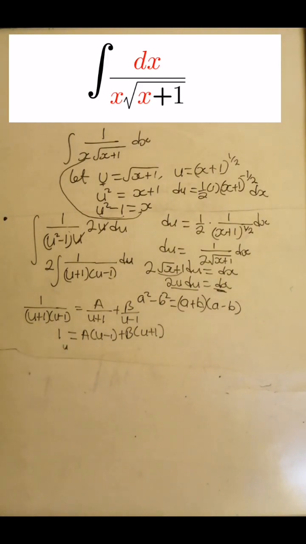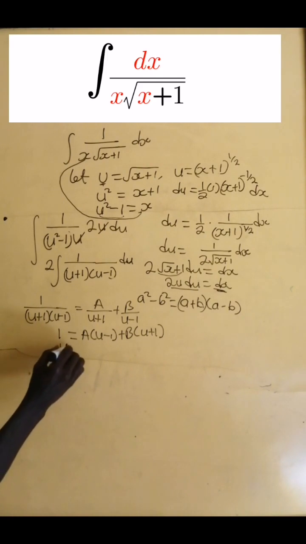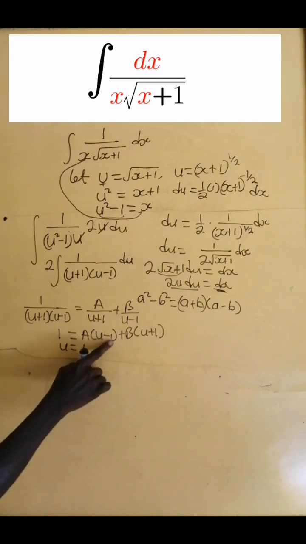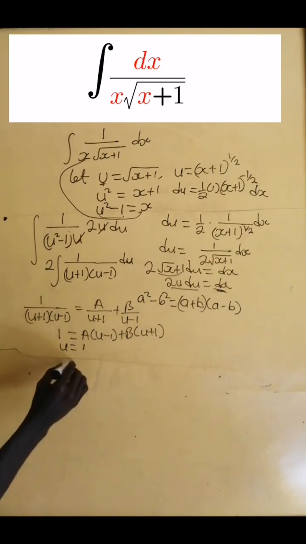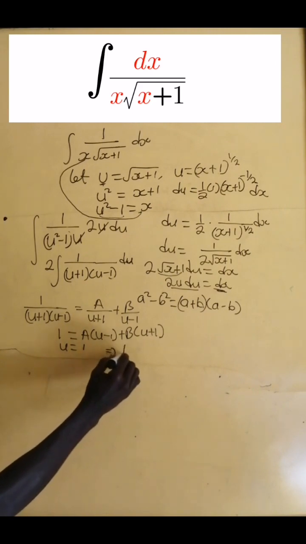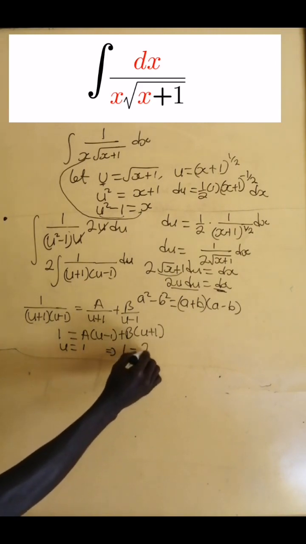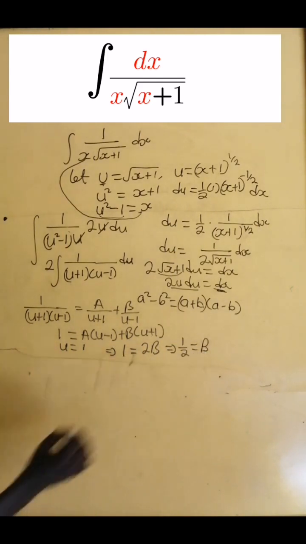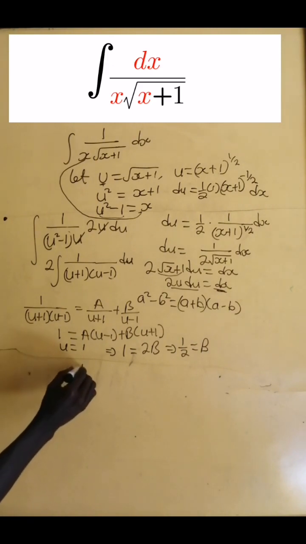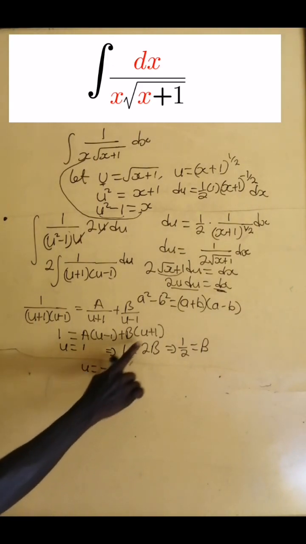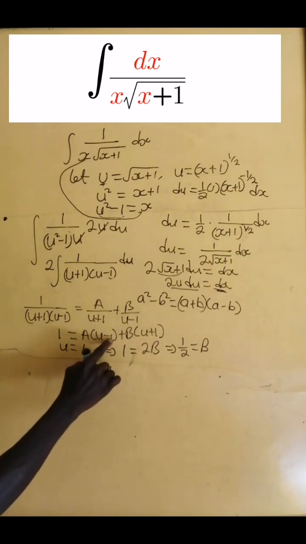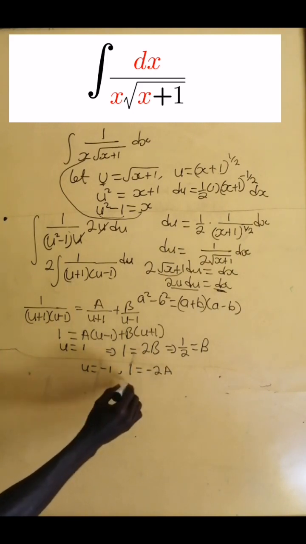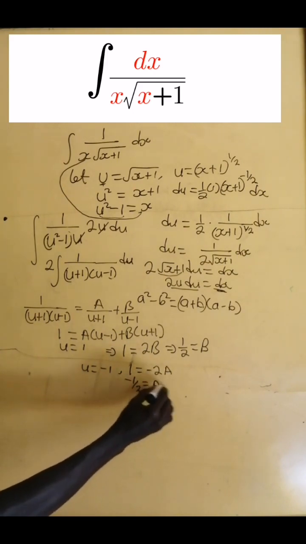Now, if we put u equal to positive 1, then 1 minus 1 is 0 and 1 plus 1 is 2. So we have 1 equals 2B, which gives B equals positive 1 on 2. And if we put u equals negative 1, here negative 1 plus 1 is 0, and negative 1 minus 1 is negative 2. So we have 1 equals negative 2A, and we have negative 1 on 2 equals A.